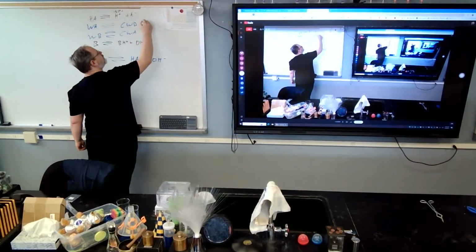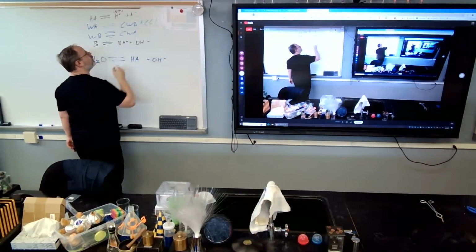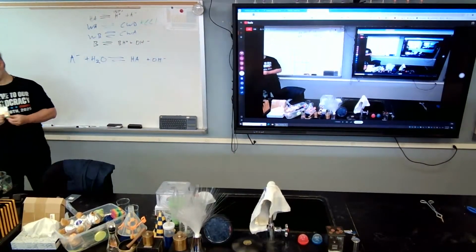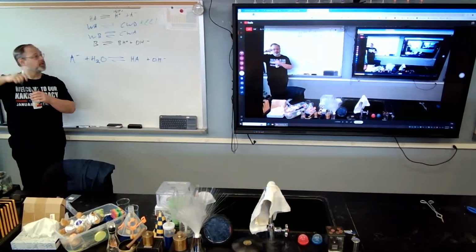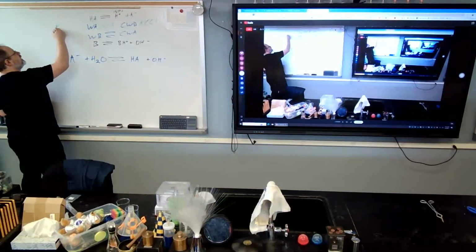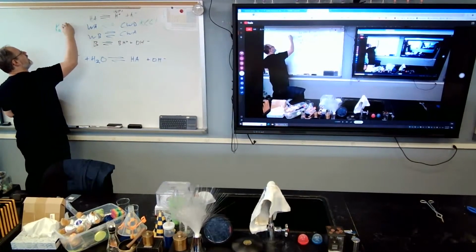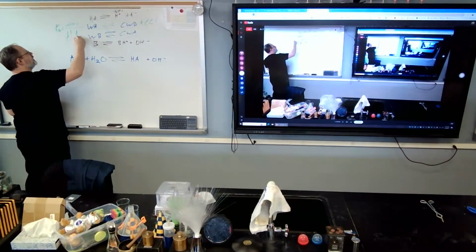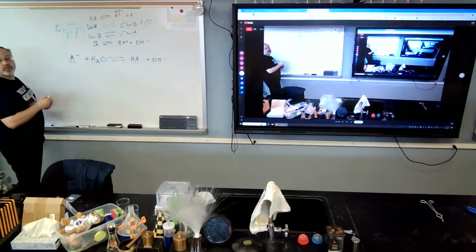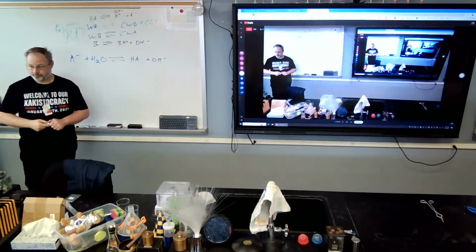Our K value is going to be much smaller than 1, which means we're going to have a teeny numerator and a big denominator. Remember, products over reactants? So your Ka is going to have a teeny tiny H plus, and a teeny tiny A minus, and a gigantic HA. The equilibrium lies primarily with the undissociated molecule.